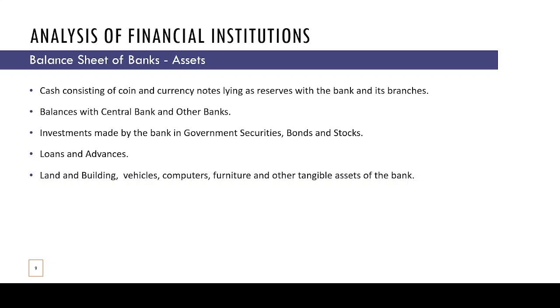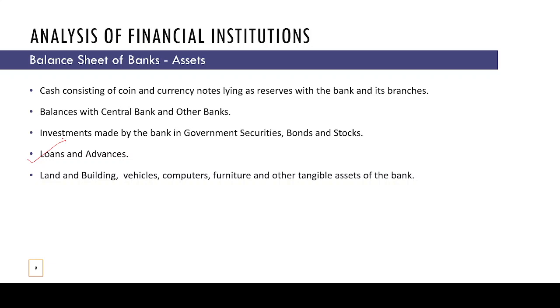The fourth item on the balance sheet of the bank are the loans and advances that the banks give. Now, this forms the majority of the bank's assets, and this is the most profitable source of bank assets. Banks earn interest on these loans and advances.